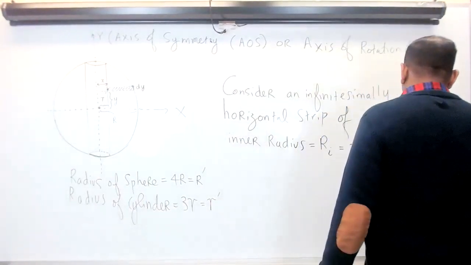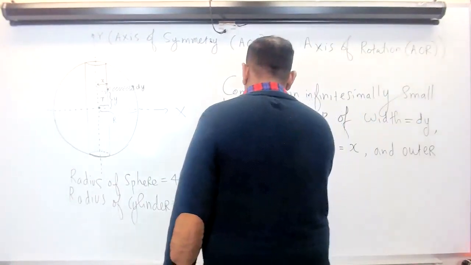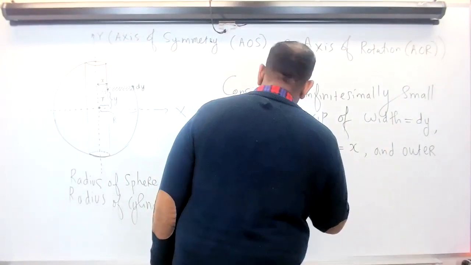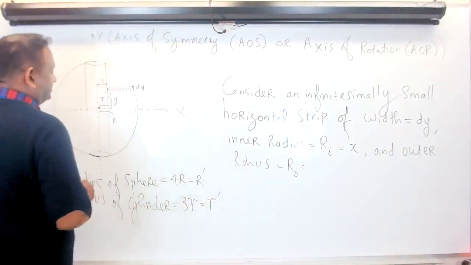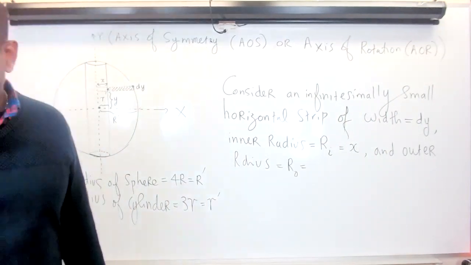And outer radius, which is denoted by r naught. Outer radius is how much? R prime.